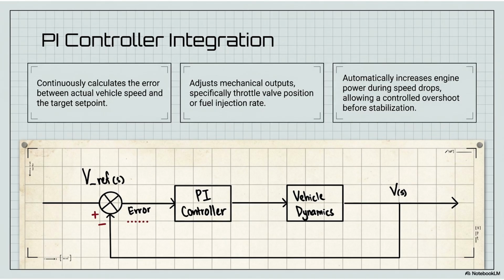Specifically, it changes the throttle valve position or the fuel injection rate. By doing this, it automatically increases engine power to compensate for the speed drop. This allows a controlled slide, speed surge, or overshoot before the car stabilizes back at the target speed.